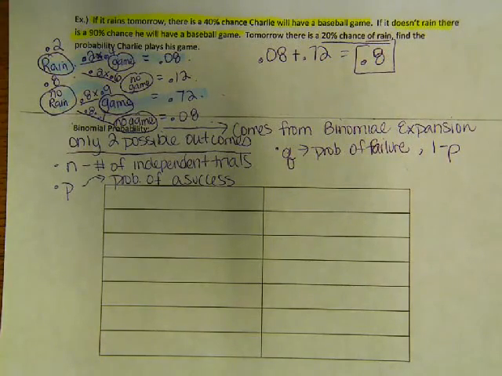So if I said to you, you're an 80% free throw shooter, the p would be the probability you would make the free throw, 0.8, and the probability you wouldn't make the shot would then have to be 0.2, because there's only 2 outcomes.